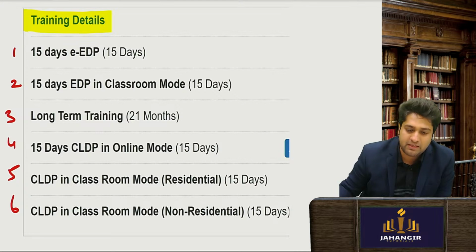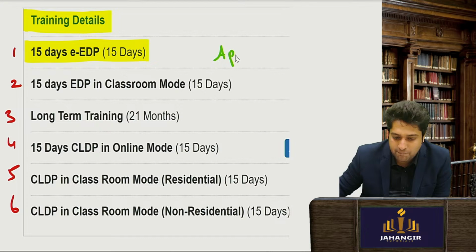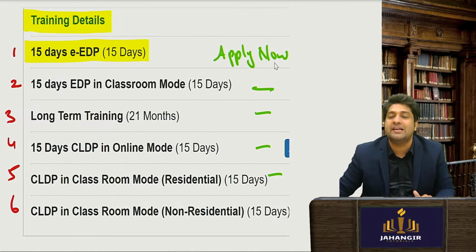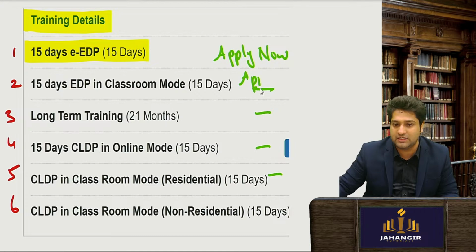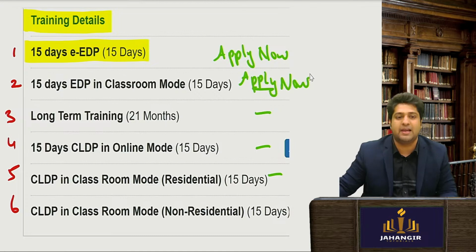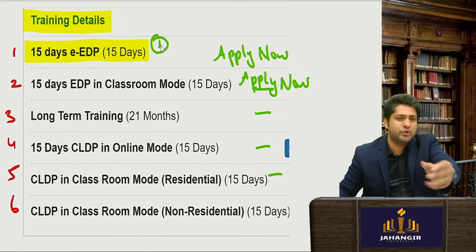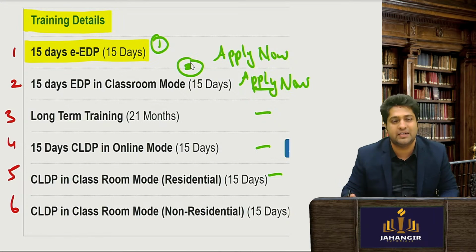This is how the order has to be completed. First you have to complete your 15 days EDP. Here it will be written apply now, and all these other things will be blocked. Only when you have completed this, then here it will be written apply now, and this will get unlocked. So first you need to complete your 15 days EDP, which you have to do immediately. Then the classroom can be done later on, and then you will start with your long-term training.